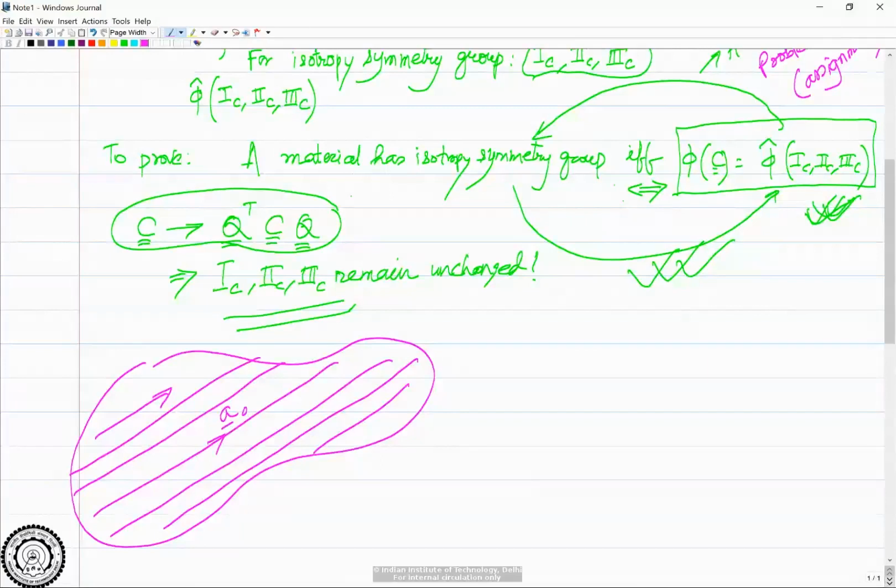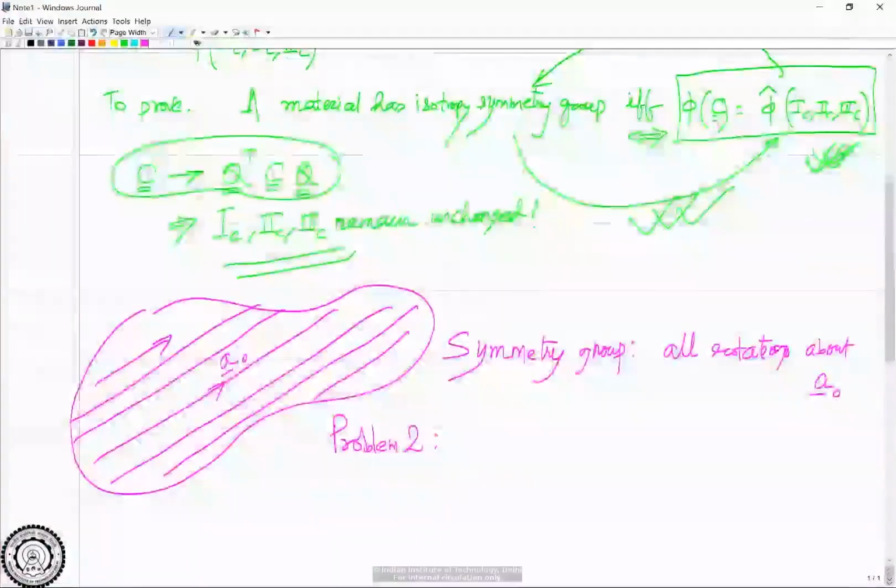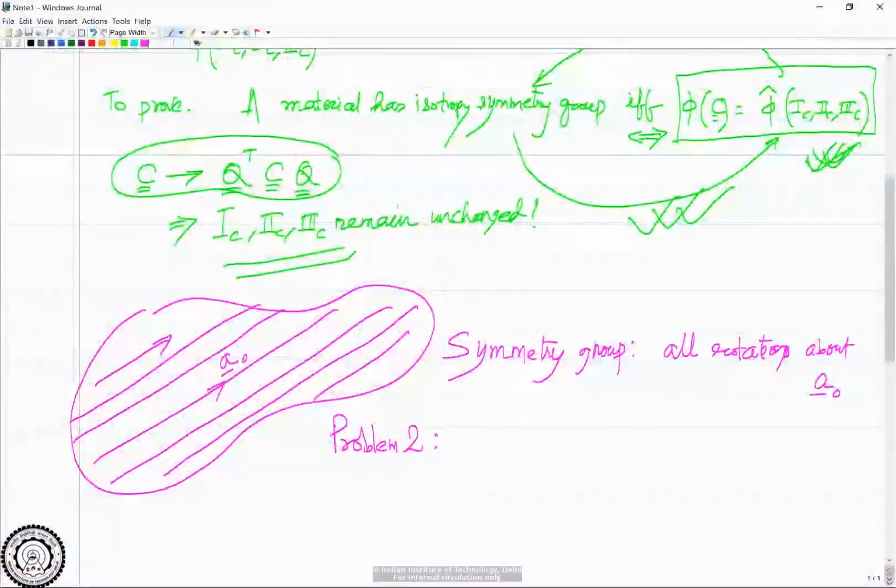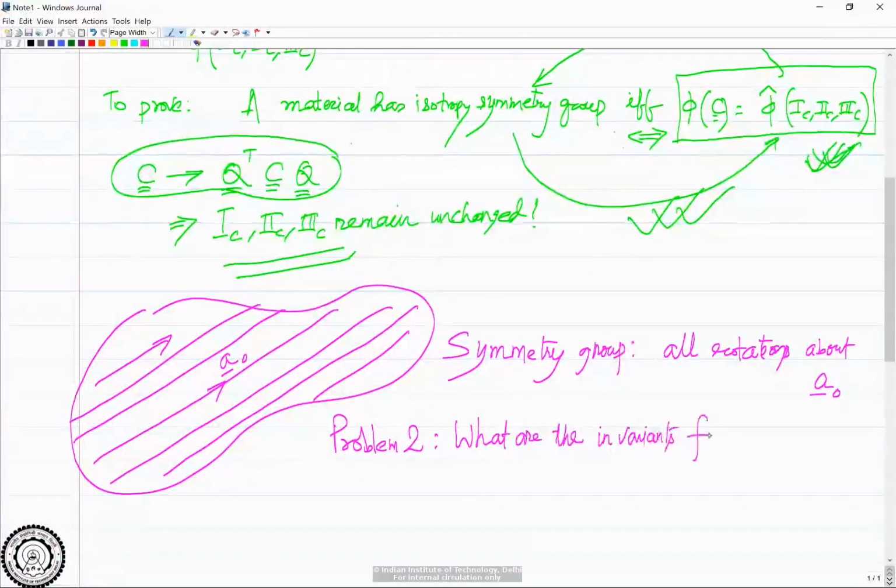So what will be the symmetry group for such a material? Here is another problem. Problem 2 is, what are the invariants for a transversely isotropic material?